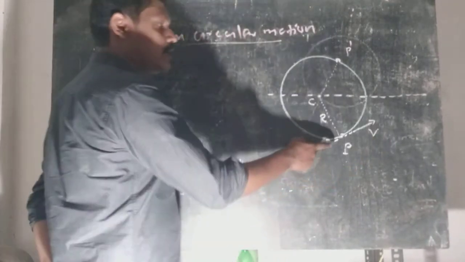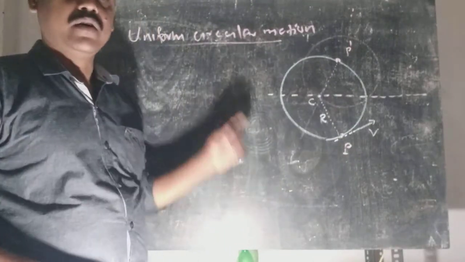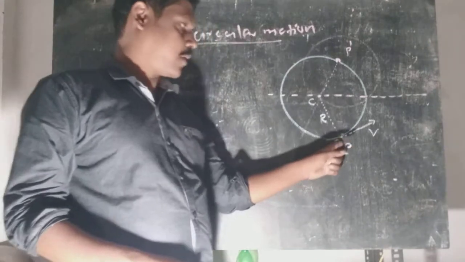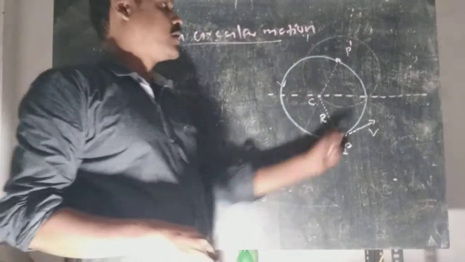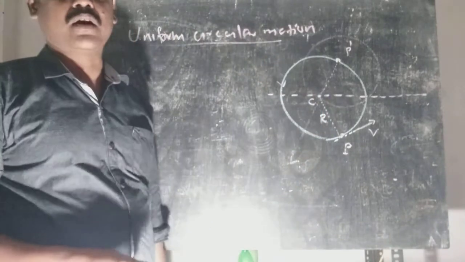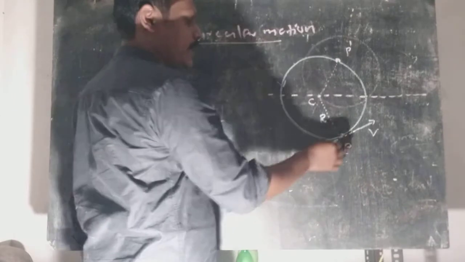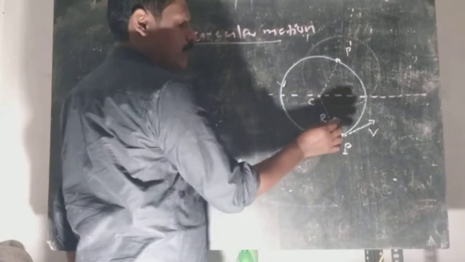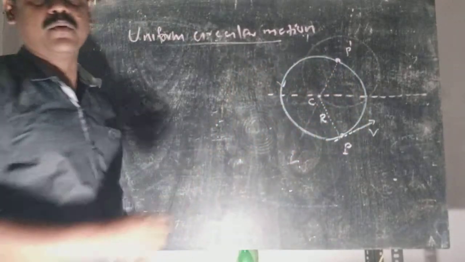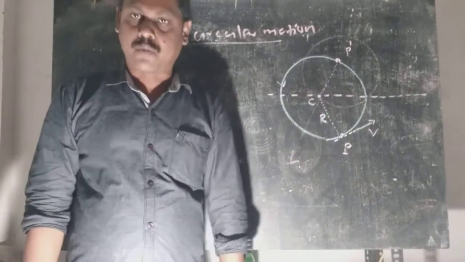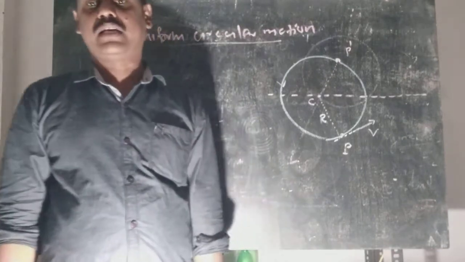For example, at this point P, the velocity direction will be the tangent in the direction of motion of the body along the circular orbit. This is the circular path, and we have taken a tangent in the direction of velocity of the body at that particular point.